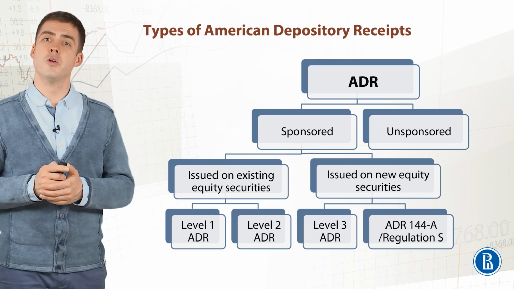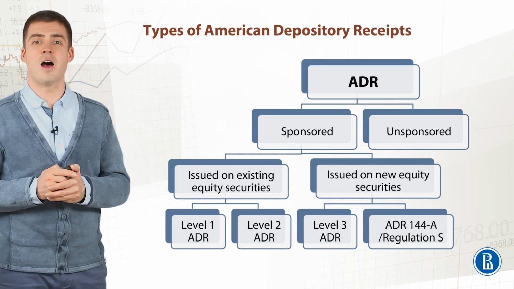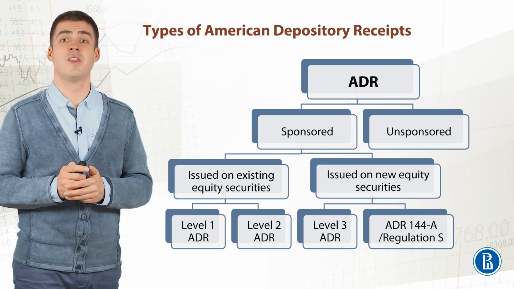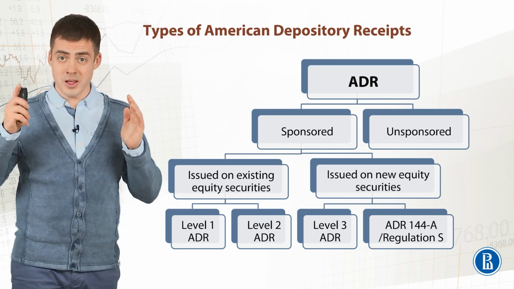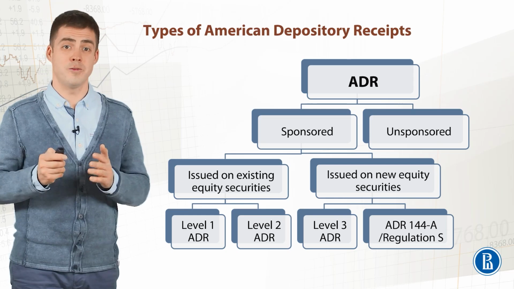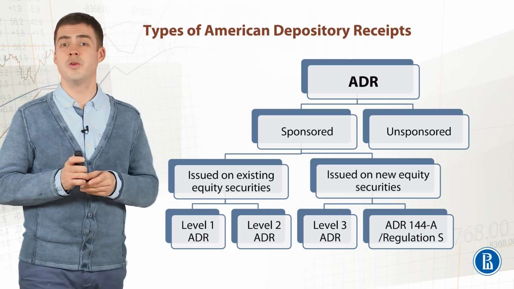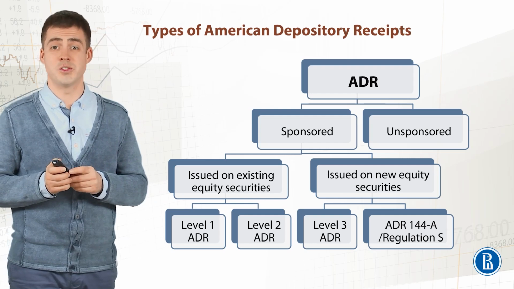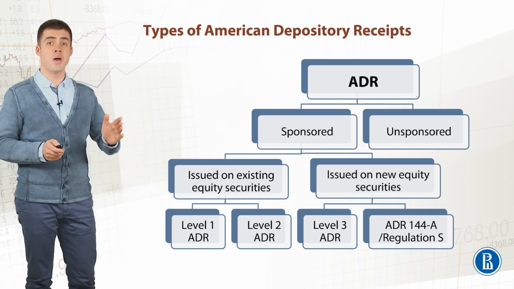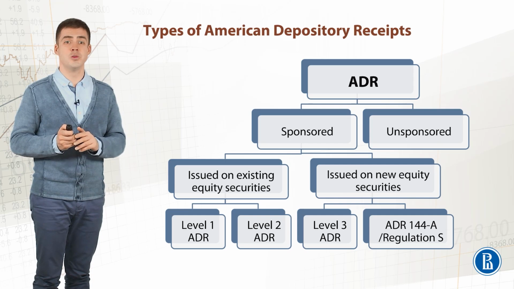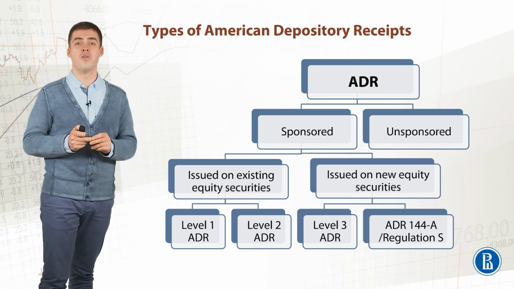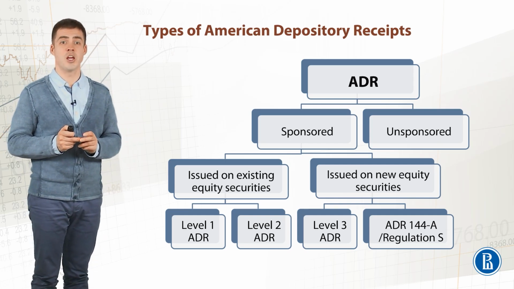However, most American depository receipts are sponsored, which means that they are originated by the issuing company itself. It can be issued either on existing equity securities or on new equity securities. And in this respect, we can introduce at least 4 types of American depository receipts which can be issued.